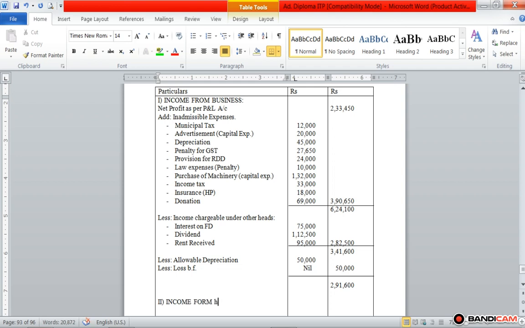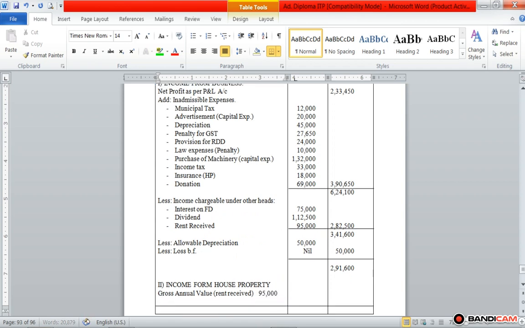Okay, so here gross annual value, that is rent received. The amount of rent received is given, that is 95,000. Then we deduct less municipal tax. Municipal tax amounted to rupees 12,000.